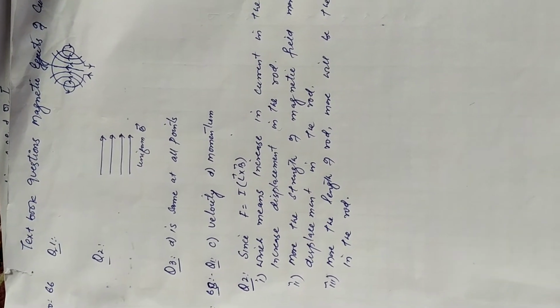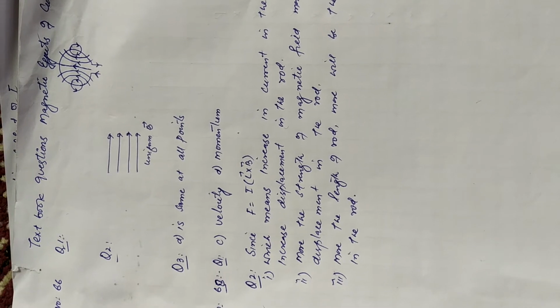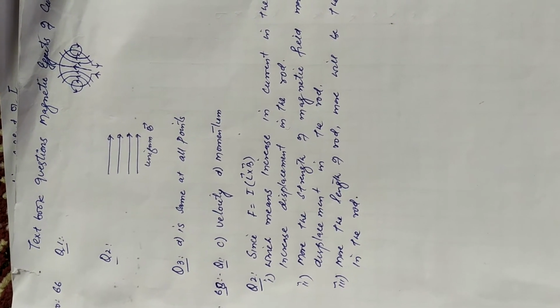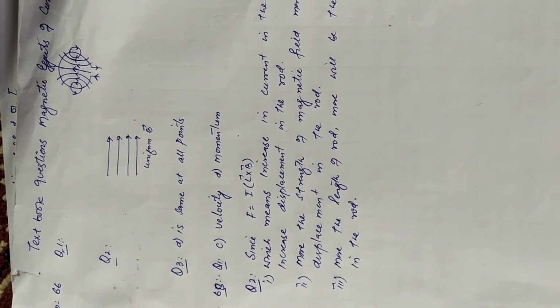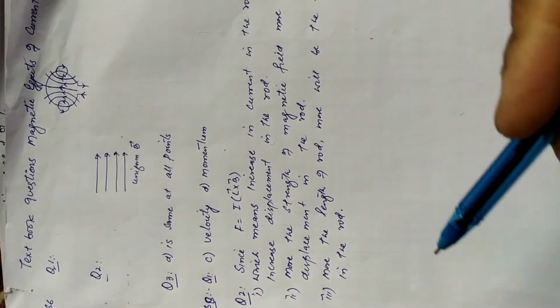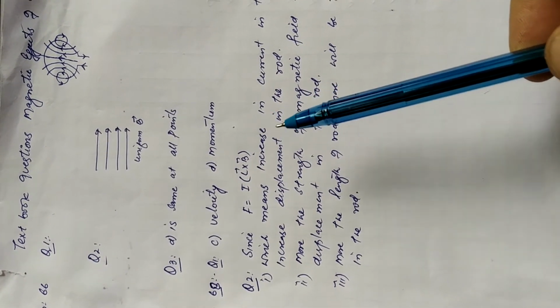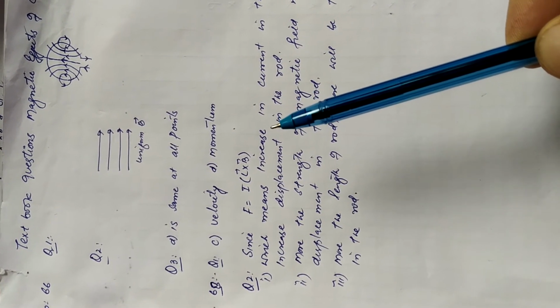Question number 2: in the activity shown, how do you think the displacement of rod AB will be affected if A part, the current in the rod AB is increased, B part, a strong horseshoe magnet is used, C part, length of the rod AB is increased. We know that when a current carrying conductor is put in a magnetic field, it is acted upon by a force.